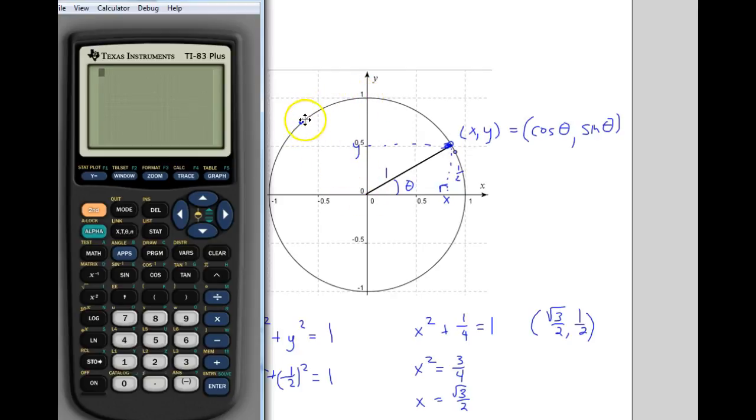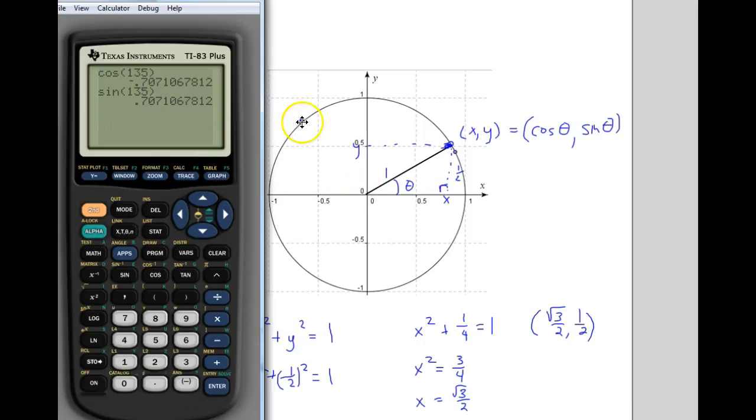So that's 90 plus 45, that's a 135 degree angle from right here to here. So the cosine of 135 degrees, see, we're getting a negative number. And then the sine of 135 degrees, because we're in quadrant 2, we're going up, so the sine's still going to be positive. Now notice they're the same thing, they're just opposites.